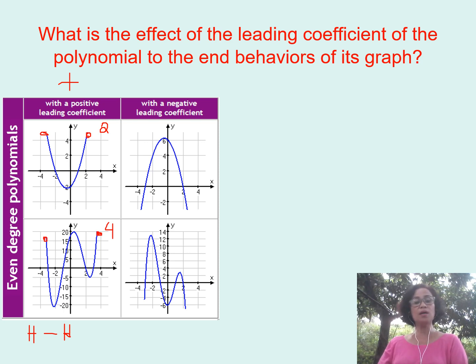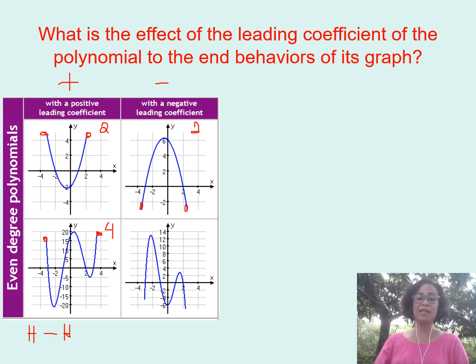Okay, let's go now to what if the leading coefficient of the even numbered polynomial is negative. Notice that our parabola, our second degree polynomial, started with a low, high, then low.